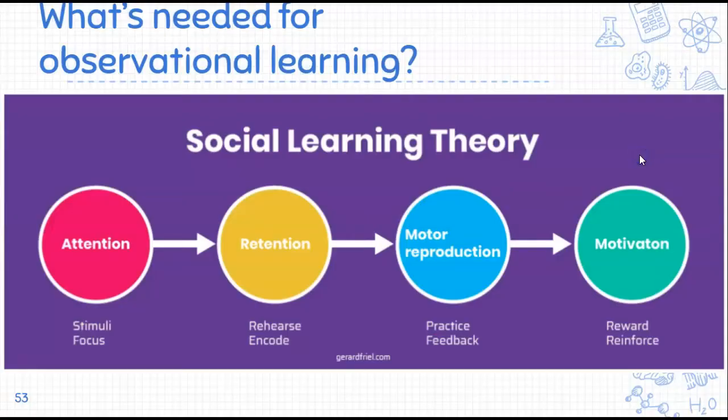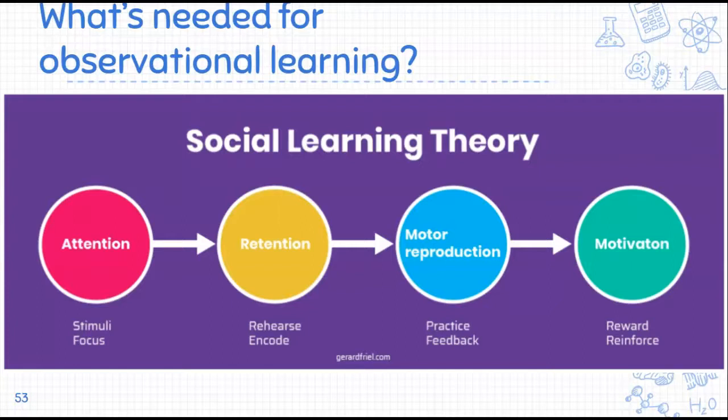Now, in order for observational learning to take place, we do have to have a series of different components actually exist within that. So the very first thing is you have to actually pay attention to what's going on. If you aren't giving any attention to something, it's going to be really, really hard to figure out how to do it, right?